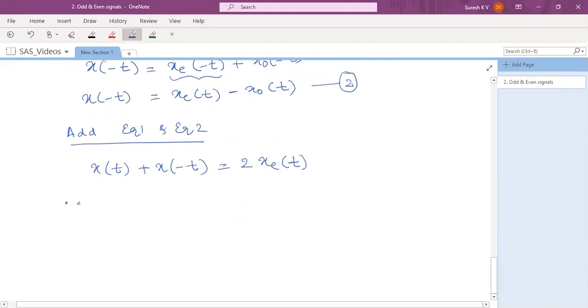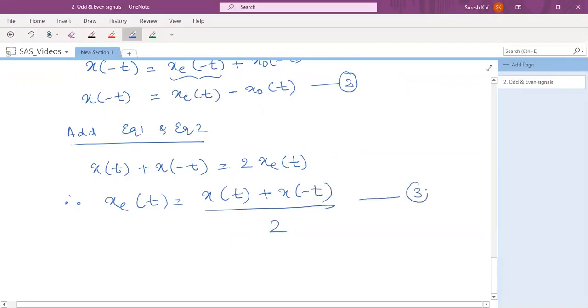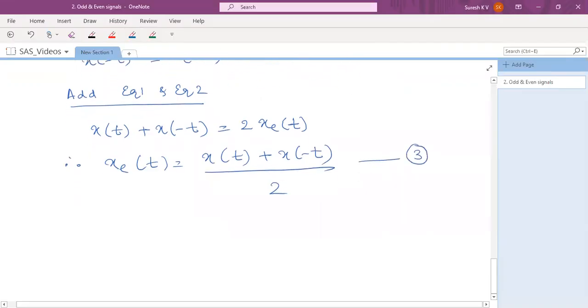Therefore I can now write xe of t as x of t plus x of minus t divided by 2. So this equation can be used to determine the even portion of the signal.